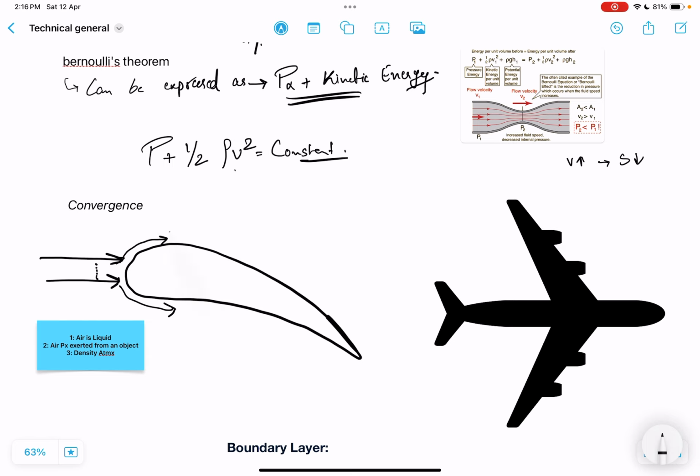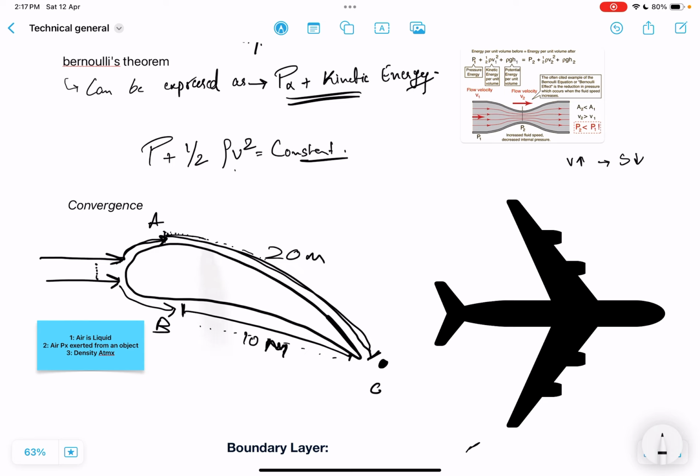Now molecule A has this much space to cover, let's suppose 20 meters, and molecule B has only this much space to cover, 10 meters for this example. Air molecules have a tendency of sticking together. If they want to be together, molecule A has to travel more because it's 20 meters, and molecule B travels just 10 meters. So molecule A will try to go as fast as it can to match the pace of B, so that they can meet together at point C.